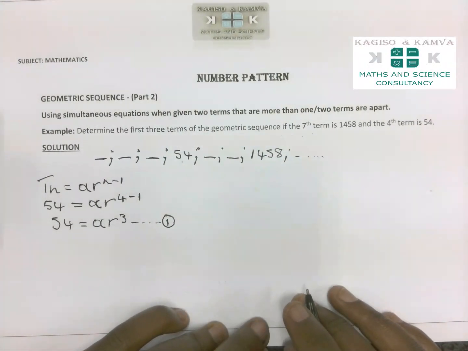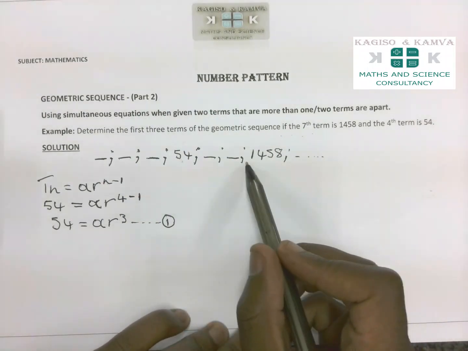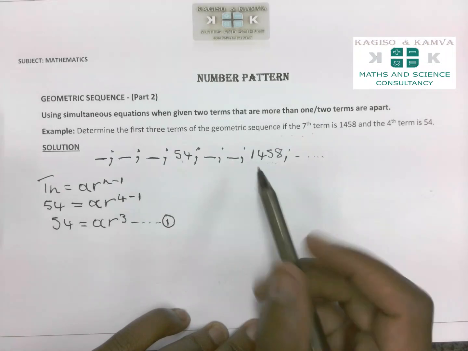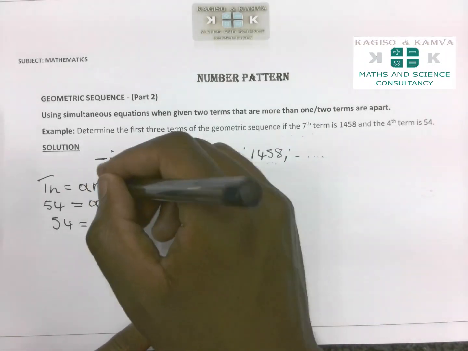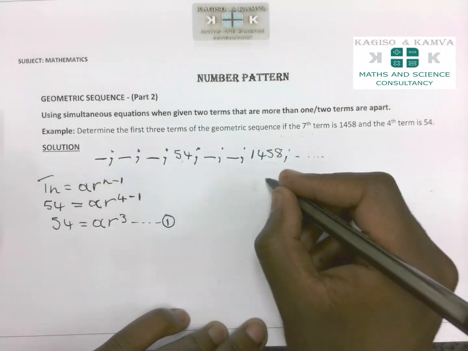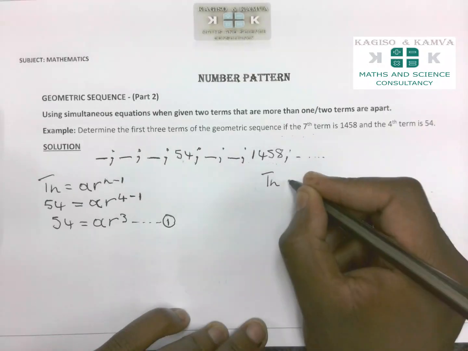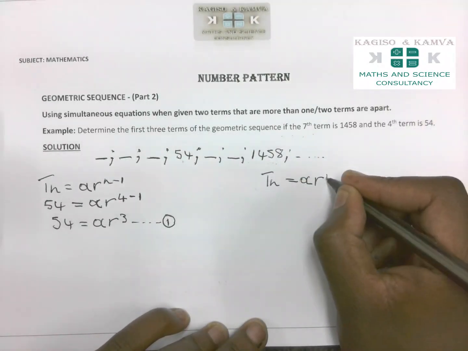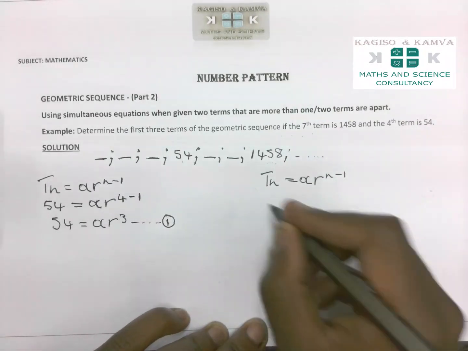We do the same for the seventh term. We substitute what we know into our general term formula, Tn equals ar to the n minus 1.